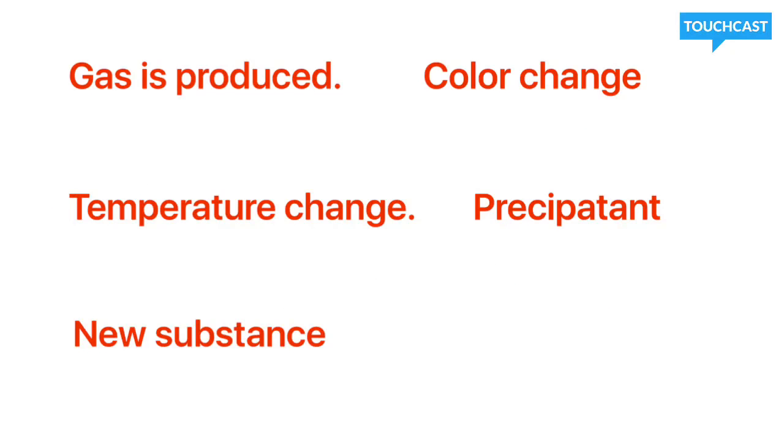Alright, now we're going to look at the 4 signs of a chemical change. And our best signs are a gas is produced. So anytime you see bubbling, that's a sign of a chemical change. Color change. Basically, if it starts off as red and turns to blue, that's a sign there's been a chemical reaction. Temperature change. That's either getting colder or getting warmer.